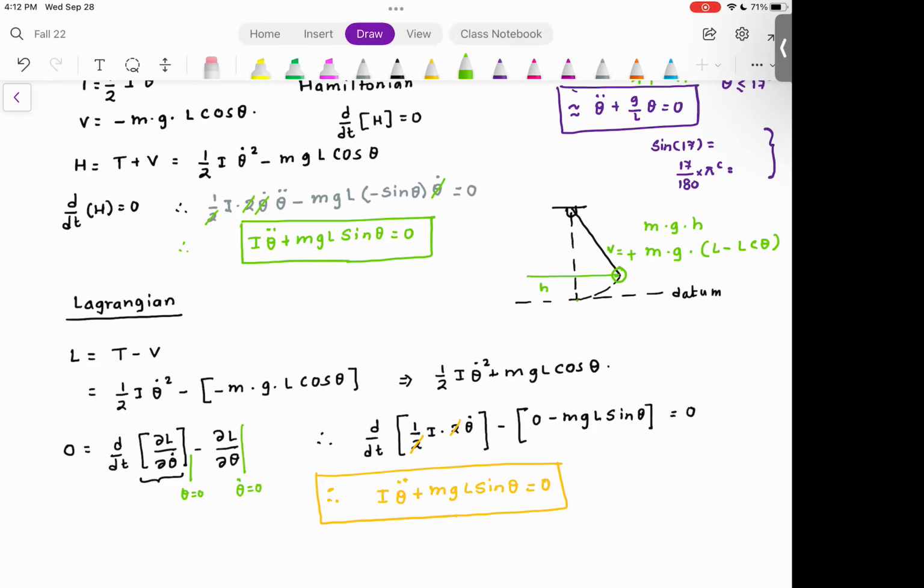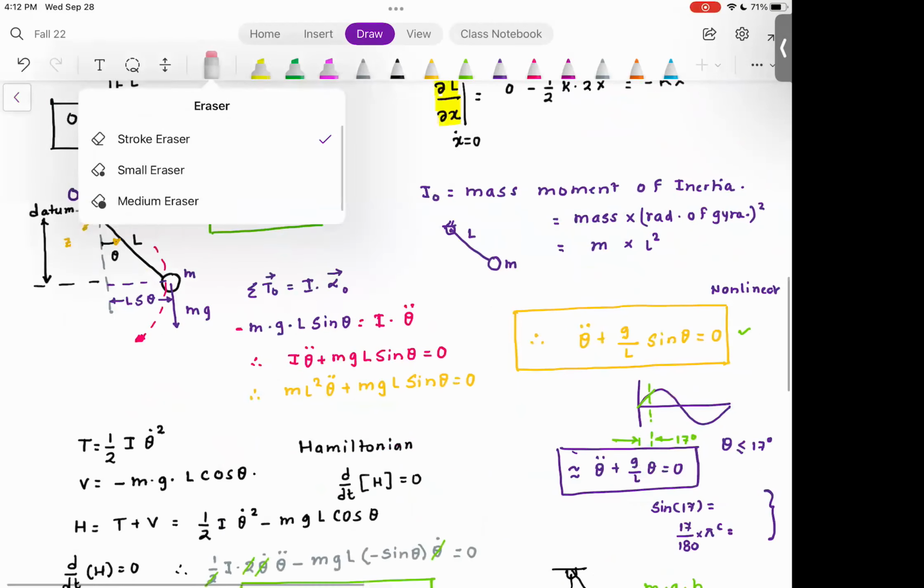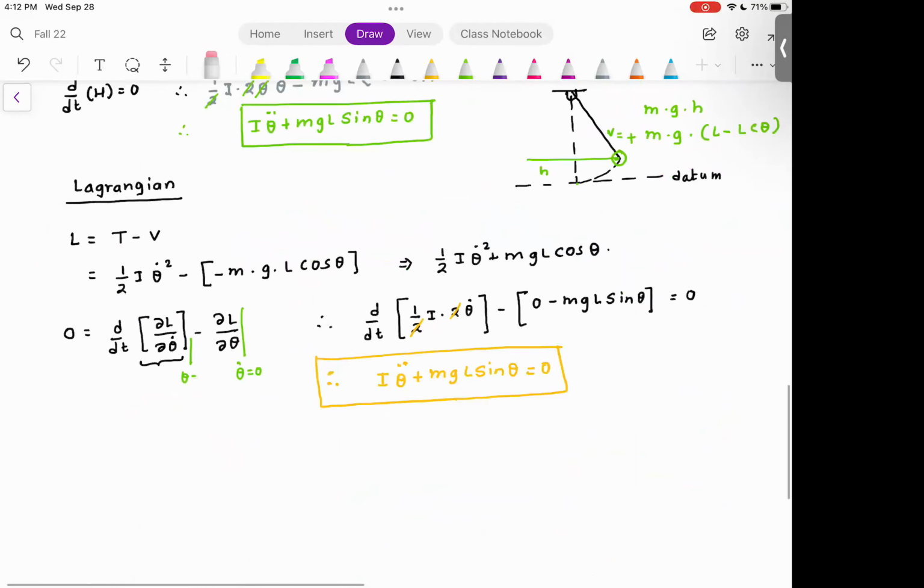So basically that is what it's with respect to. I'm sorry, I shouldn't call this 0, I should say constant. So theta dot is equal to constant, and theta is equal to constant.